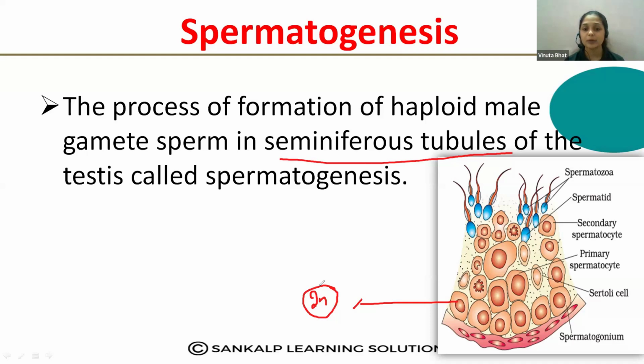These spermatogonium cells undergo maturity and form the primary spermatocytes.